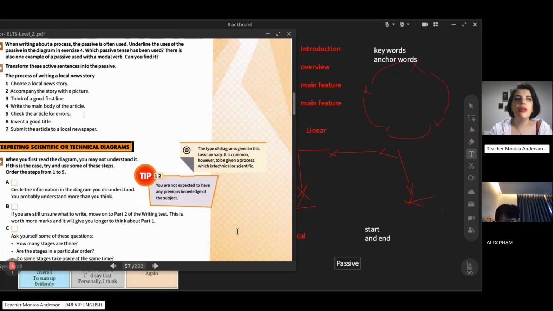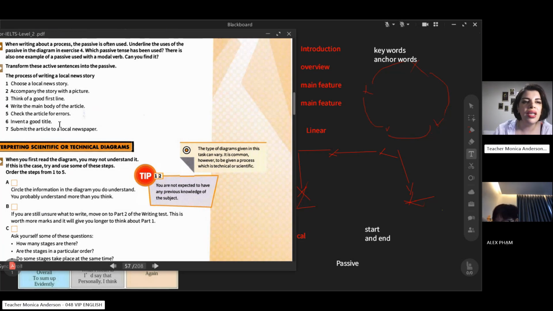Because no matter who does an action, the action is important here. So we don't say, for example, people make bricks. No, just bricks are made. So passive is really, really important, so you need to know how to use it.